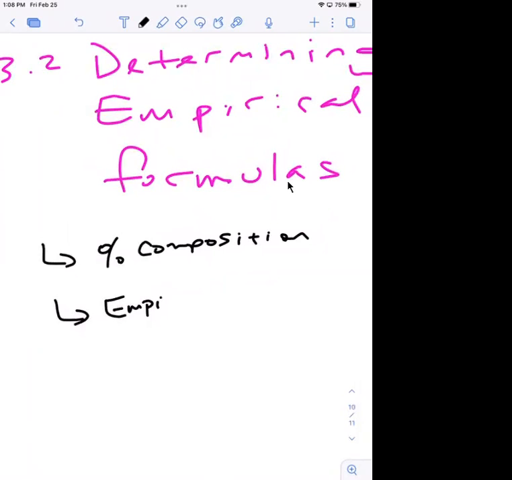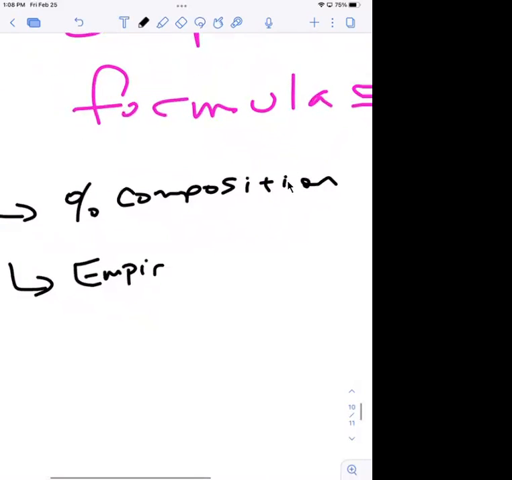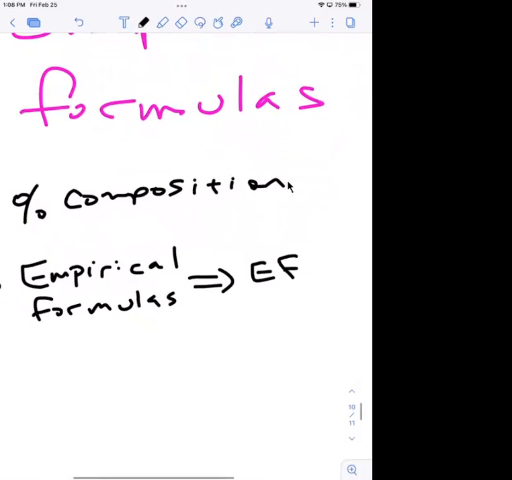We're going to determine empirical formulas, but under that umbrella, we're going to be looking at percent composition. We're going to be looking at empirical formulas, which I'm going to abbreviate as EF, and then molecular formulas, which we can determine from the empirical formulas.